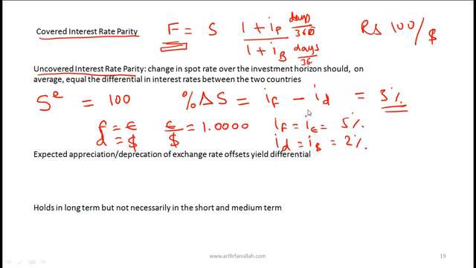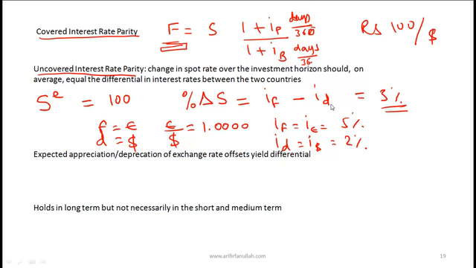So uncovered interest rate parity predicts that over a 1 year period, the base currency, which in this case is the dollar, will appreciate or strengthen by 3%, and that 3% simply reflects the differential between the interest rate on the euro, which is the foreign currency, and the interest rate on the dollar, which is the domestic currency.